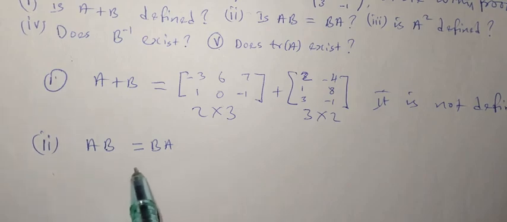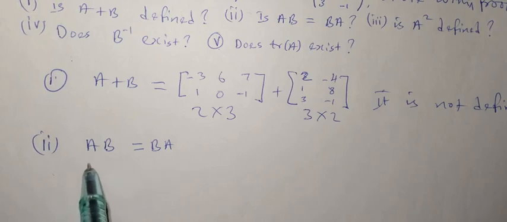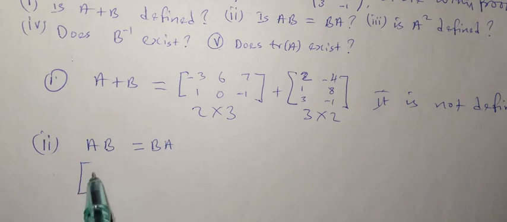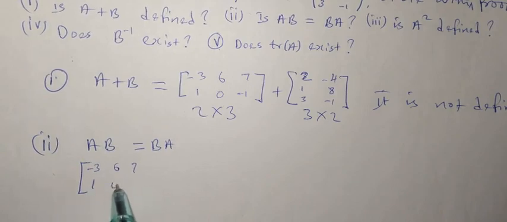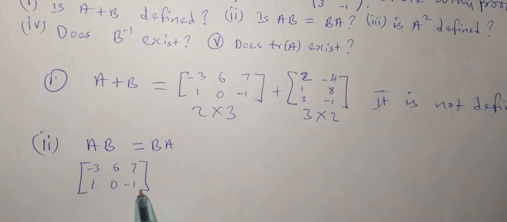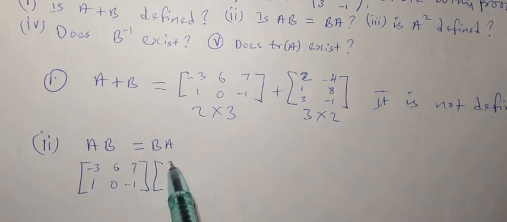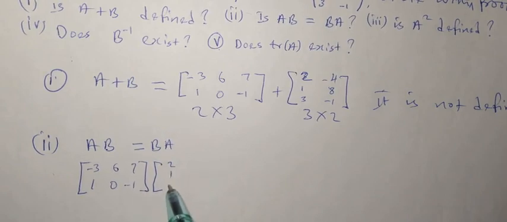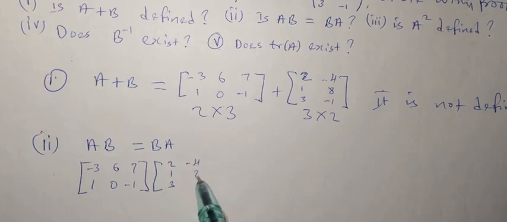A is minus 3, 6, 7, 1, 0, minus 1, multiplied by B, which is 2, 1, 3, minus 4, 8, minus 1.